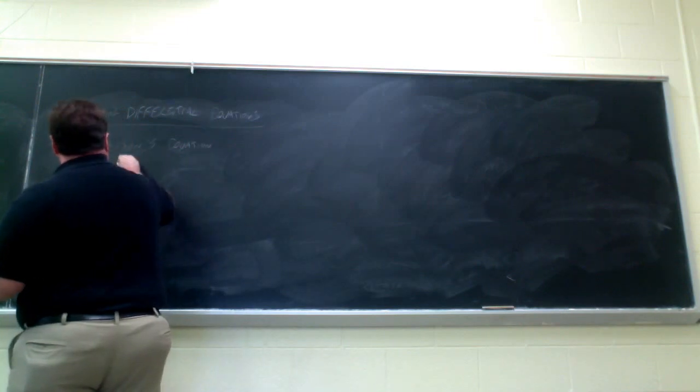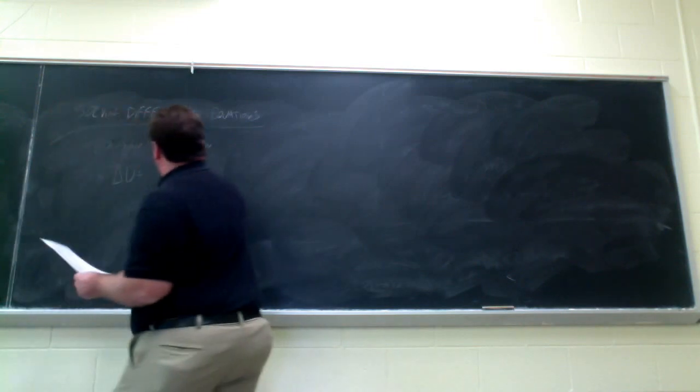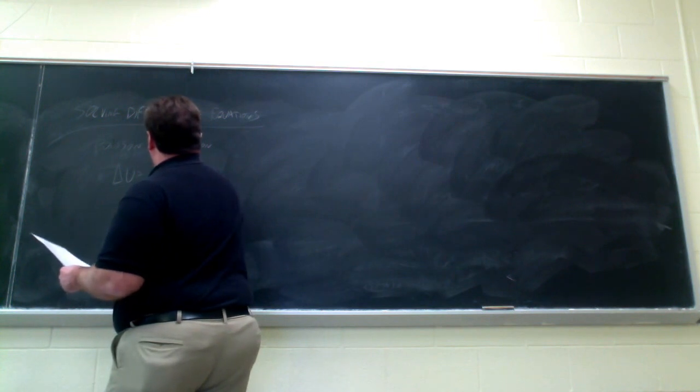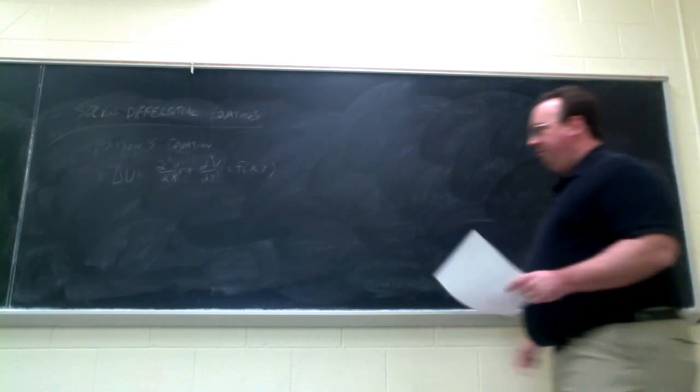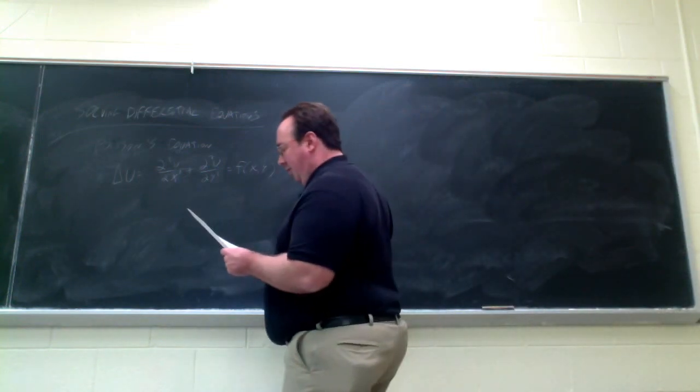Poisson's equation is the Laplacian of u, which is the second partial with respect to x plus the second partial with respect to y, equal to some function f of x, y. Now, if f is 0, you know this is Laplace's equation. But when you have something on the right side, it's Poisson's.